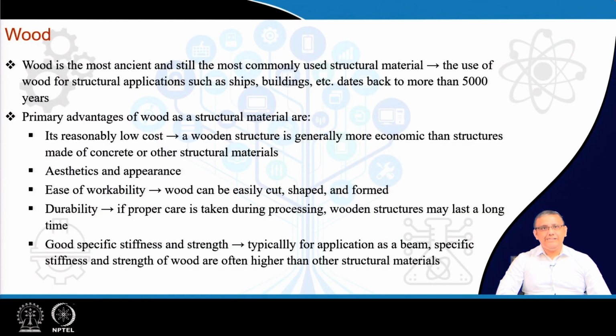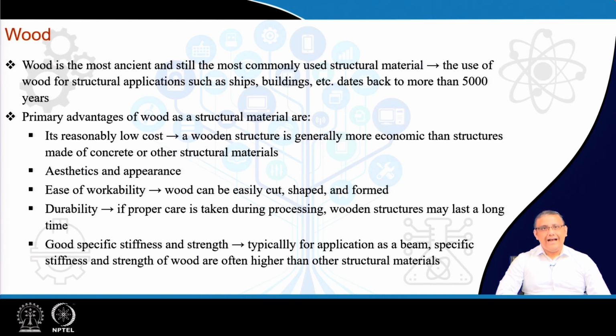So, wood, as you know, has been used from very ancient times and it is still very commonly used for many structural applications. There are examples where wood has been used in structural applications from more than 5000 years back. Now, wood is a very attractive material for structural application because it has many advantageous properties.